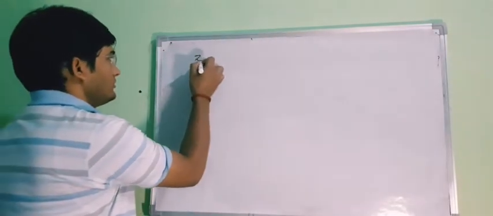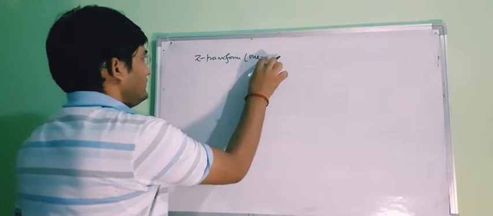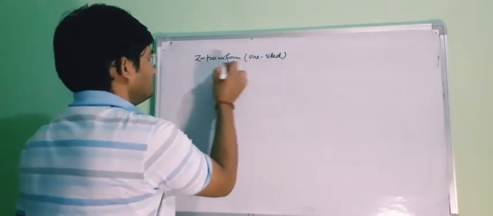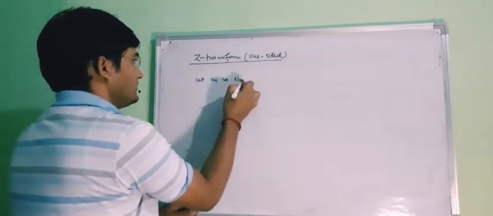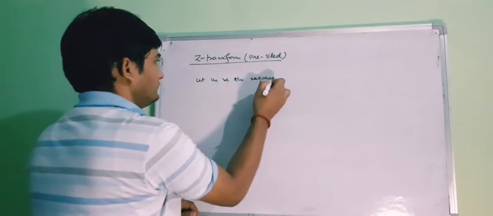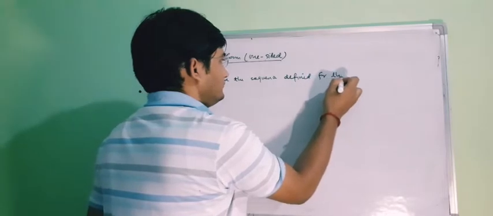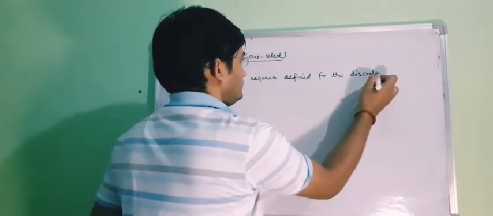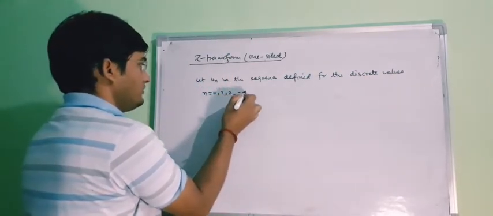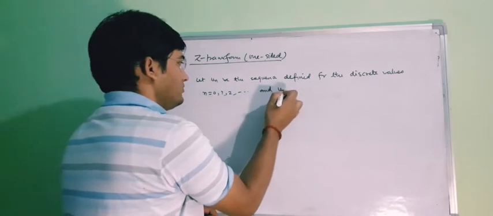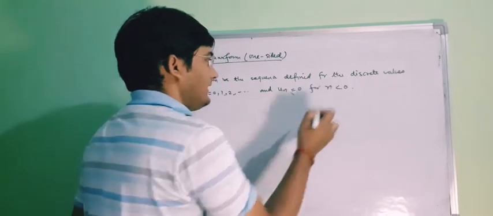So Z transform, this is your one-sided. Let un be the sequence of numbers defined for the discrete values n equal to 0, 1, 2, 3 and so on, and let us assume that un is 0 for negative values of n.